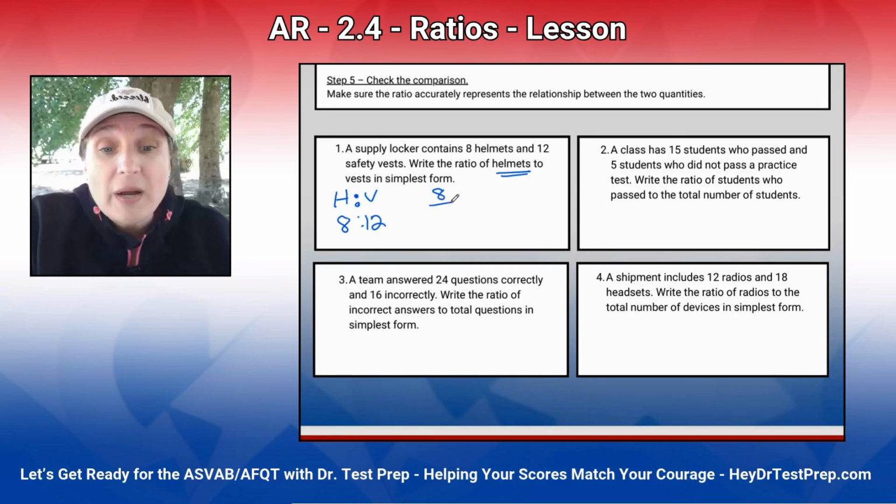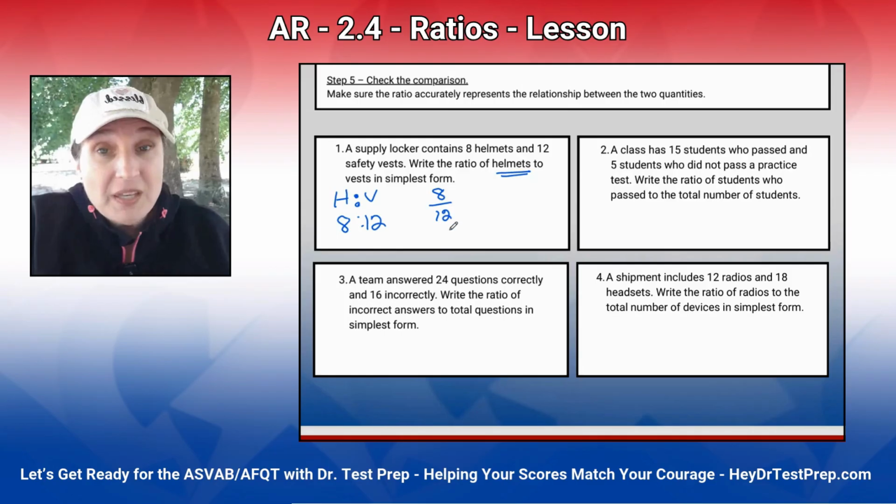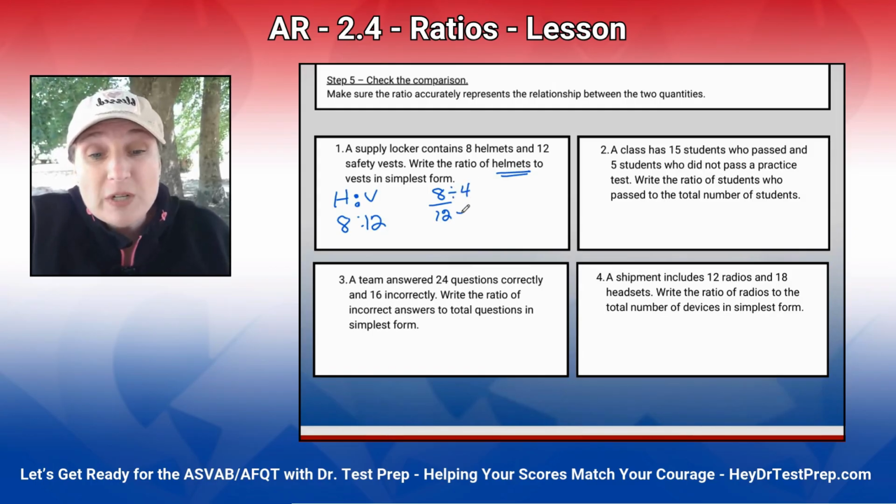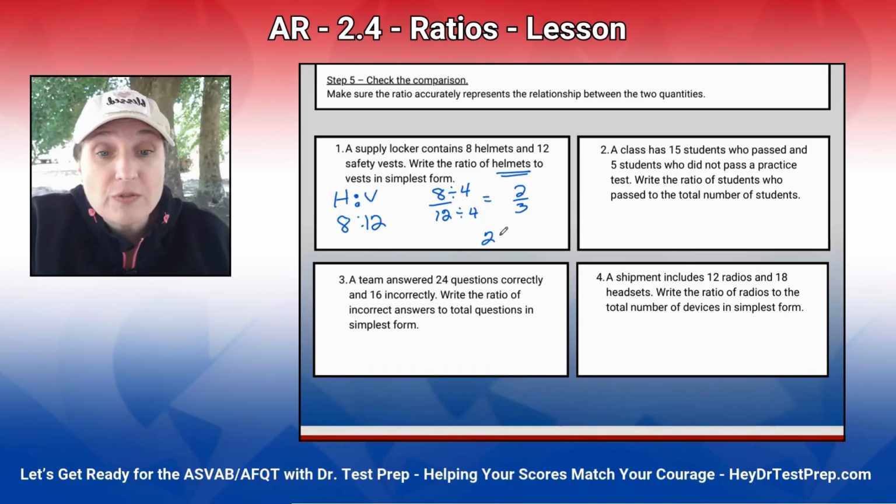Now, I like writing them as fractions, even though this is a comparison. It's not 8/12, it's comparing. But that way it makes it so much easier, because we can simplify this to 2/3, or for every 2 helmets, there are 3 safety vests.